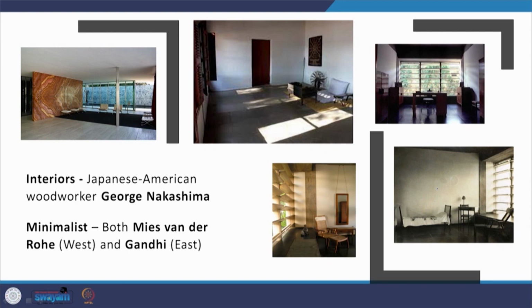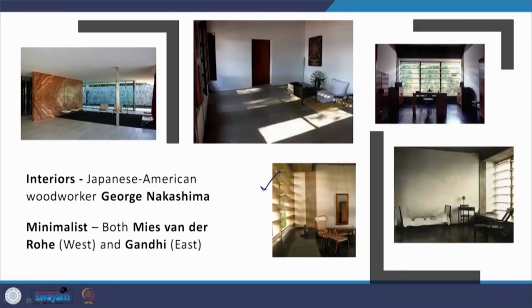Now coming to the interior itself, we are not talking here about the philosophy of Sri Aurobindo or Auroville, but I do believe that they speak of a simple lifestyle, and whenever we think of a simple lifestyle we think of minimalism, less is more.